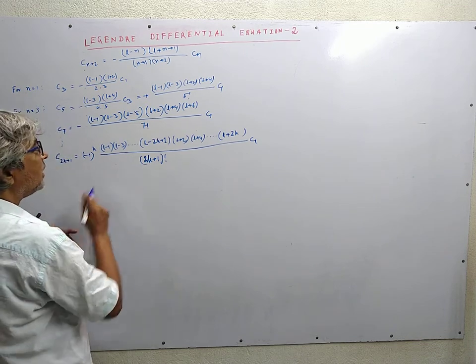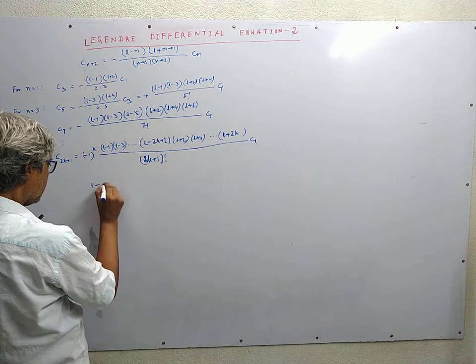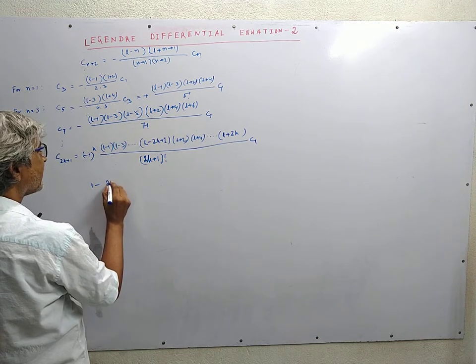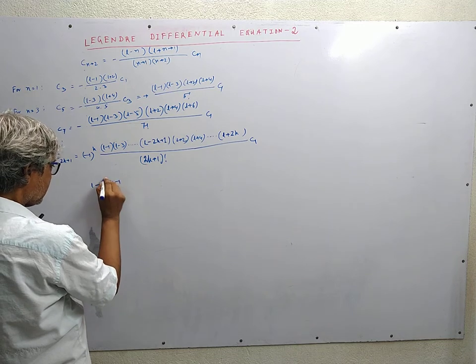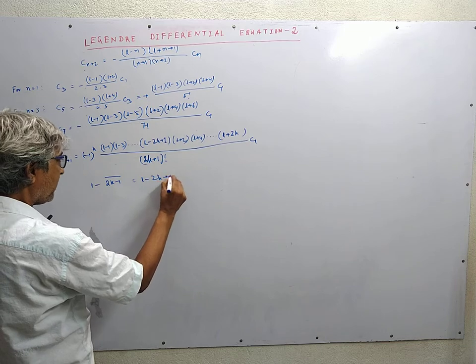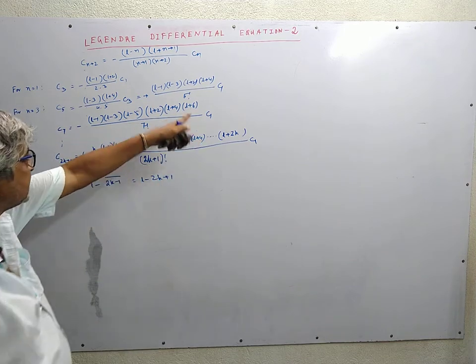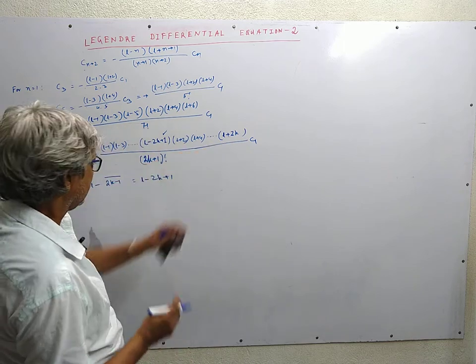Sorry. This is simply this one. So, this is L minus 2k plus 1, this is the right, and this term is simply 2k.